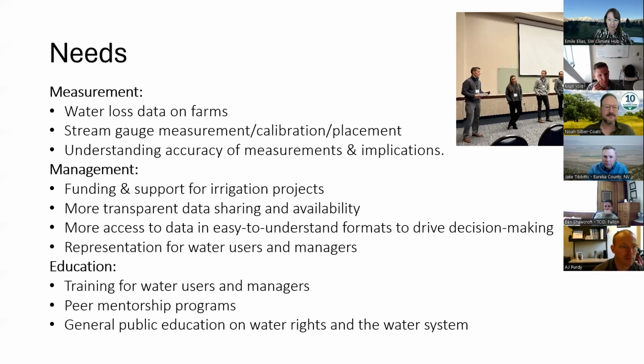Hey everybody, my name is AJ Purdy. I'm a research scientist located in Monterey, California, but work with NASA and the OpenET project. One of the things that we've been trying to do in a responsible manner is provide that accurate data to address some of these information gaps.